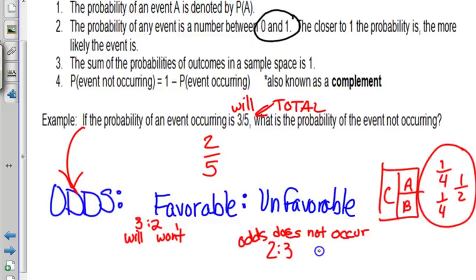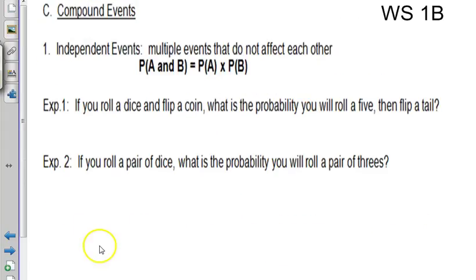You should be able to logic your way through it. I would just write 7 will, 12 total. That means 5 won't. So the odds that it won't occur would be won't to will. Just think of it like winners and losers. And there's more practice on worksheet 3.